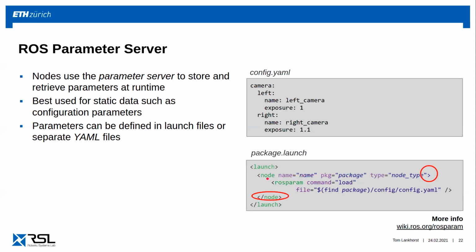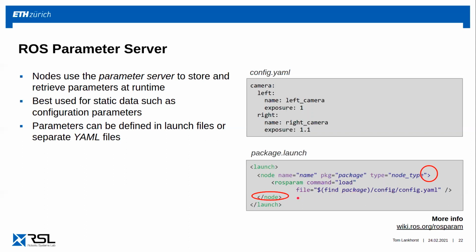Now we want to add a child node to that called rosparam, where we define that we want to load the configuration file that we just created. Note that we are using a relative path. We are using the find package command, where package is the name of your package, to get the relative path to your package, then the config directory and the config.yaml file.